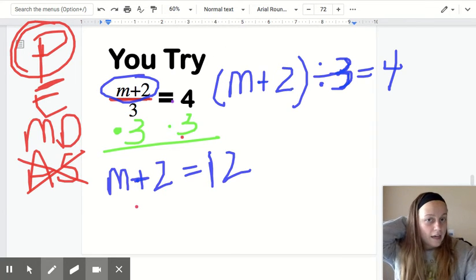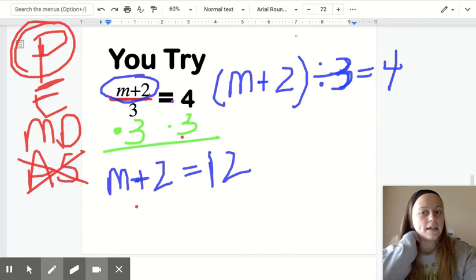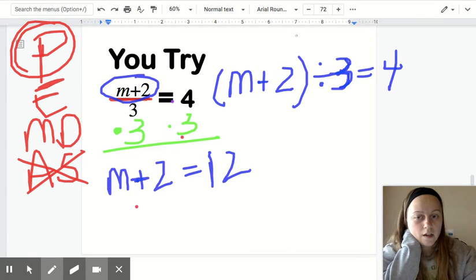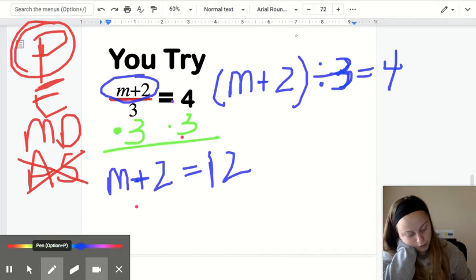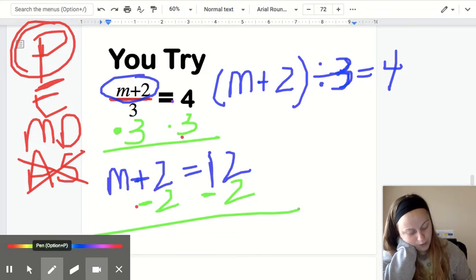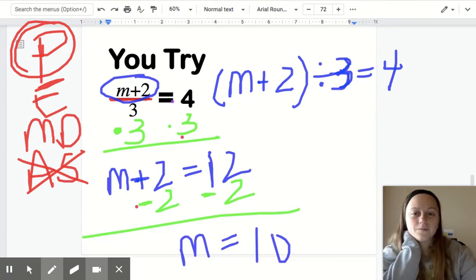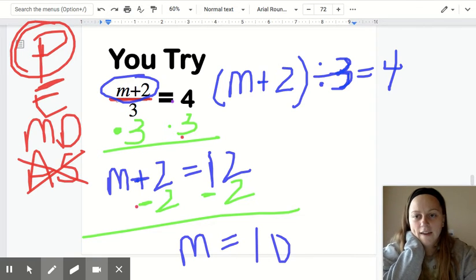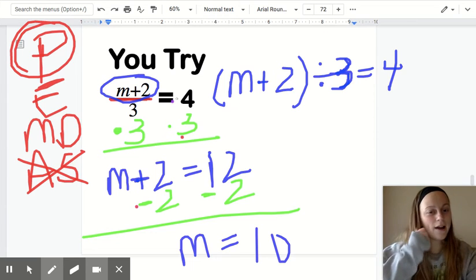You could rewrite it in parentheses like I did over on the right if that helps. I need to get rid of that plus 2. So I'm going to minus 2 from both sides. And I'm left with m equaling 10. And I can check that. M plus 2, so 10 plus 2 is 12, divided by 3 is 4. We did it right.